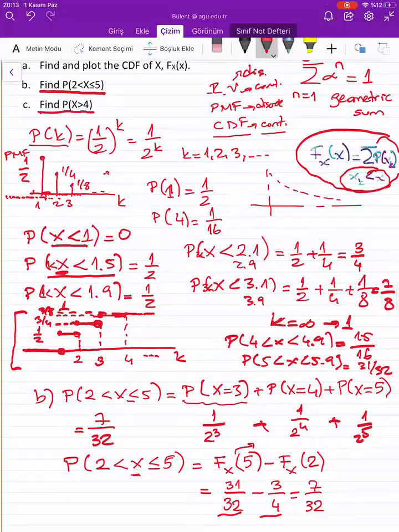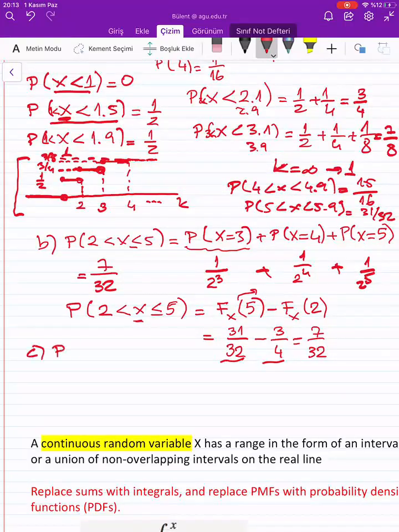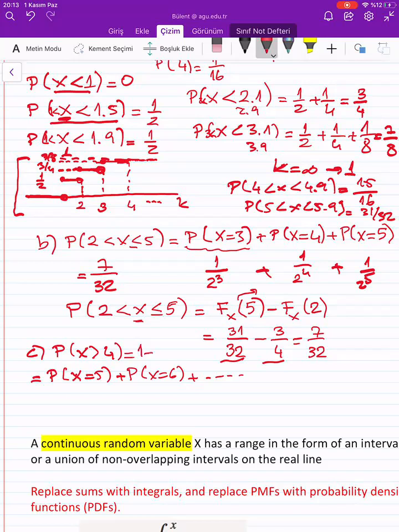What's the final question? What's the probability of x greater than 4, which is the probability of x equals 5 plus the probability of x equals 6, and so on, right? Or we may also say that this is equal to 1 minus the probability of x less than or equal to 4.